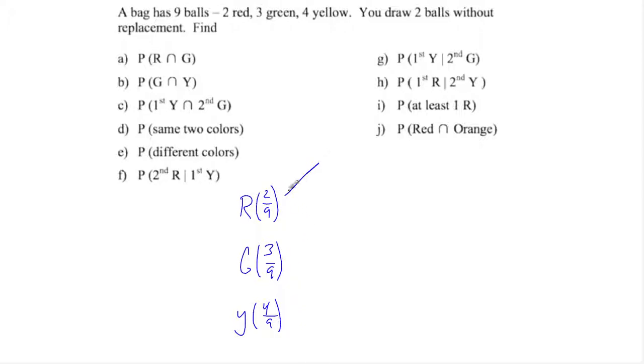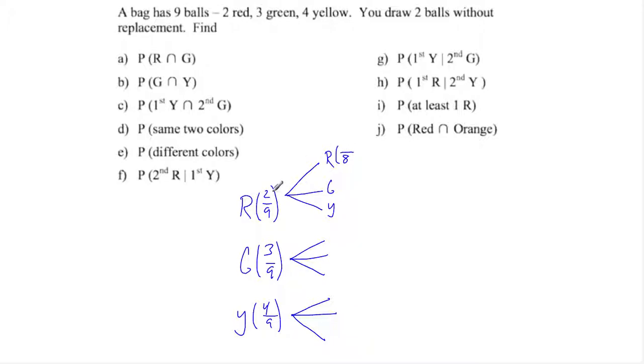Now for each of these, again, I'm going to have 3 possibilities. If I pick red first, I could pick a red, a green, or a yellow next. However, now instead of there being 9 balls, there are 8 balls left.